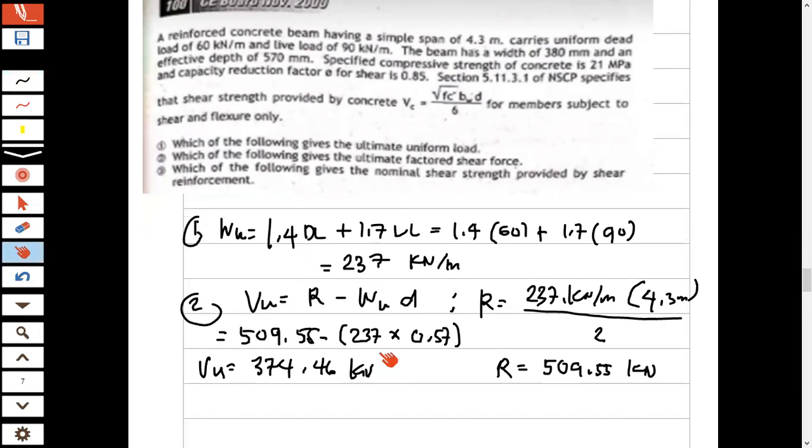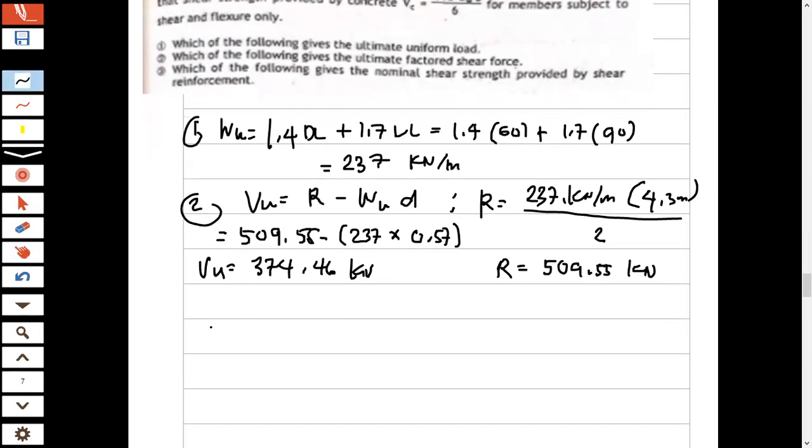Third question, which of the following give the nominal shear strength provided by shear reinforcement? So ang tinatanong nito dito is VS. Okay? 3 is, what is VS? Okay, madali siya ma-memorize. Alam natin, di ba? VU, ginaganon lang natin. VS at saka VC.